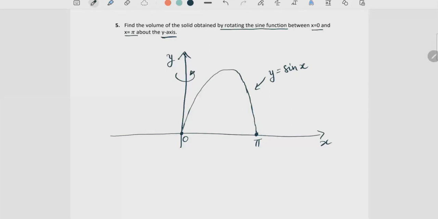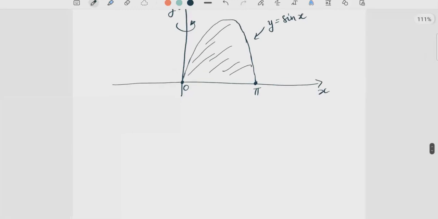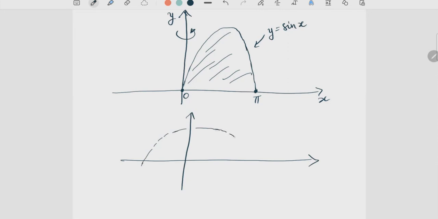This region here is what's being rotated. When you do that, you would have something that looks, let me see if I can represent it any better, bear with me.